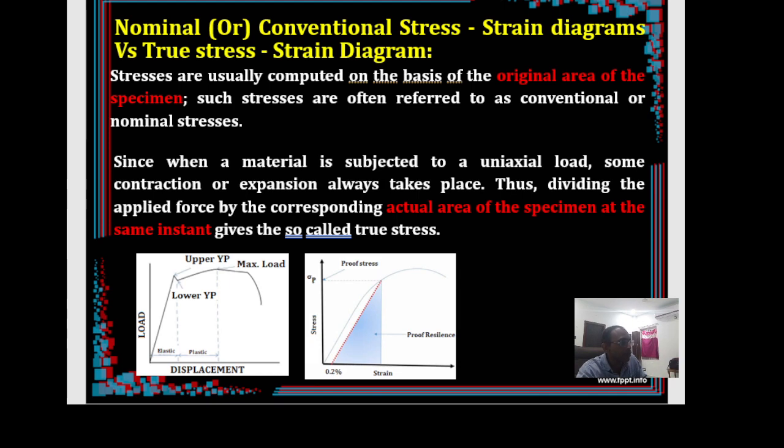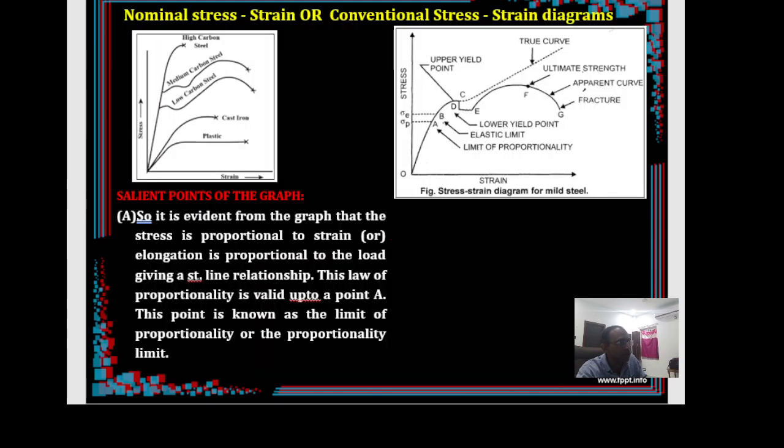Of course, our present discussion is limited to the conventional stress strain diagram. So let's look at that. If you take stress and strain like this and plot the values, you are going to obtain a curve like this, which is the general trend for mild steel.